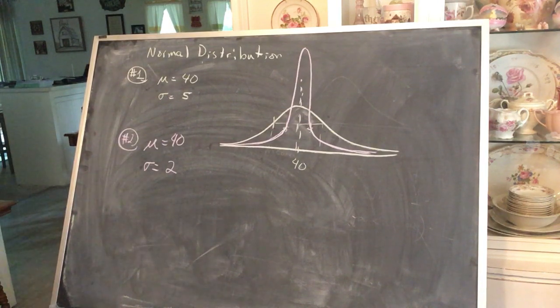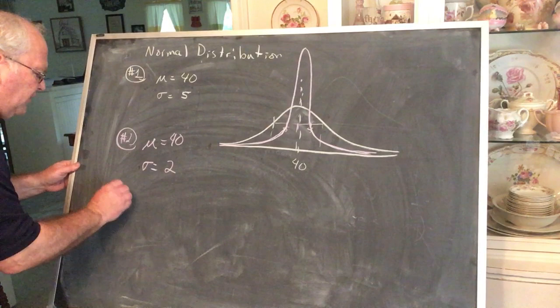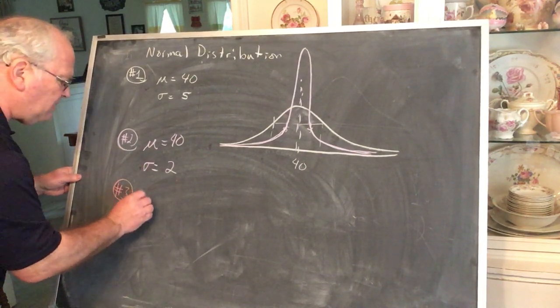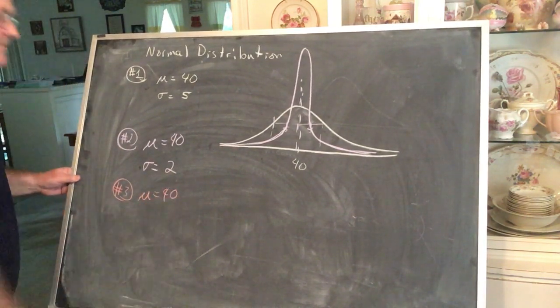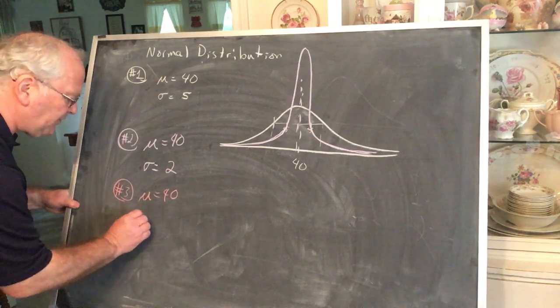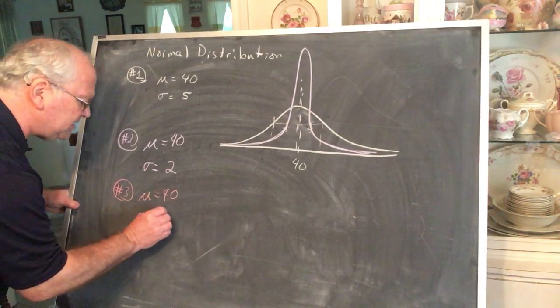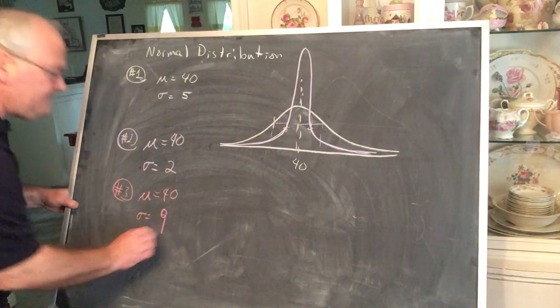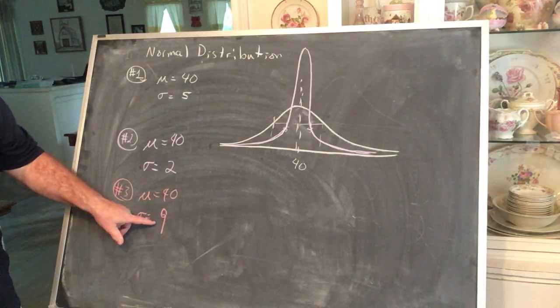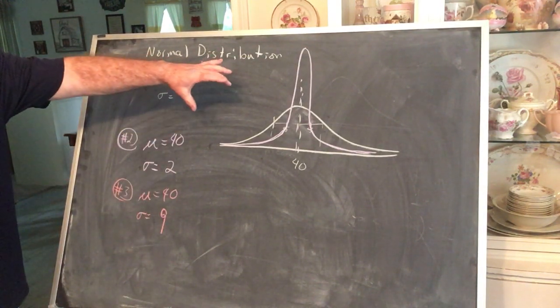All right, now think. Suppose we now have researcher number 3, and suppose their mean is also 40. But suppose researcher number 3 has standard deviation, let's say, equal to 9. That means this is much more widely dispersed than either of those.